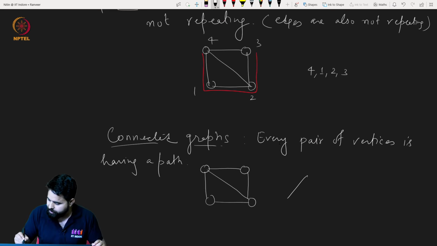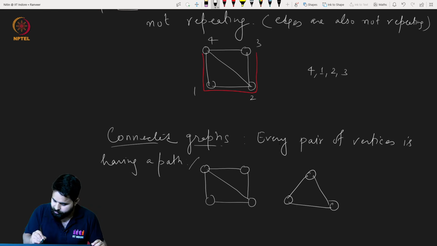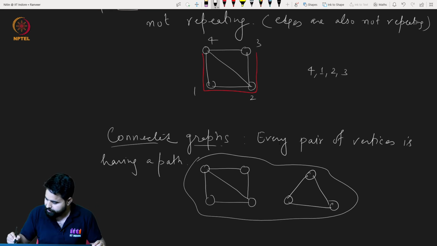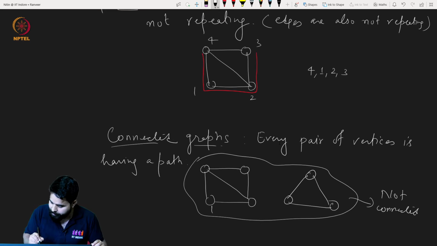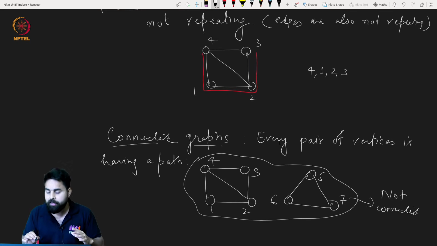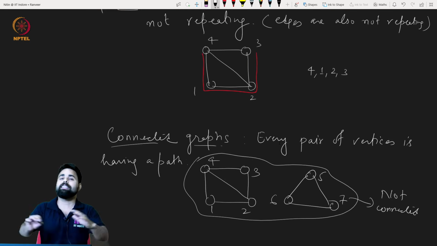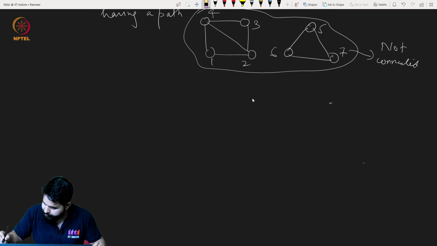So for example, this one is not connected. Why? Suppose I number them 1, 2, 3, 4, 5, 6, 7, there is no path from vertex 1 to any of 5, 6, 7, right? So this graph is not connected.